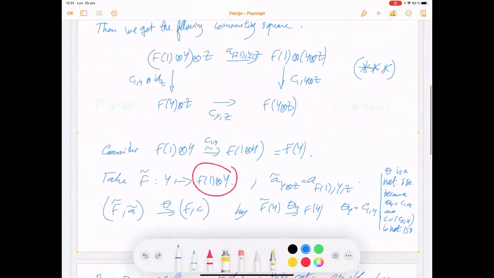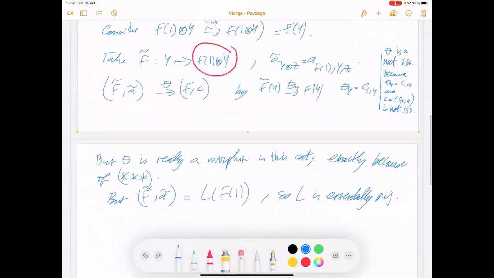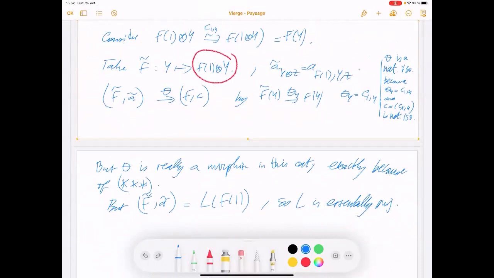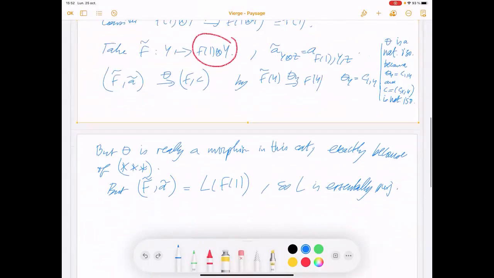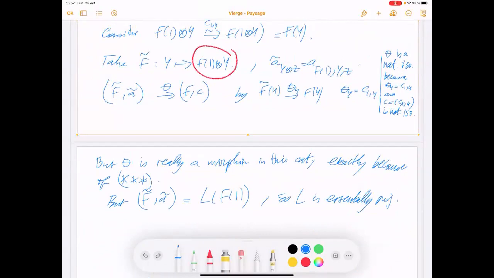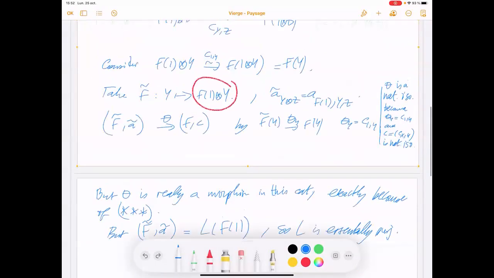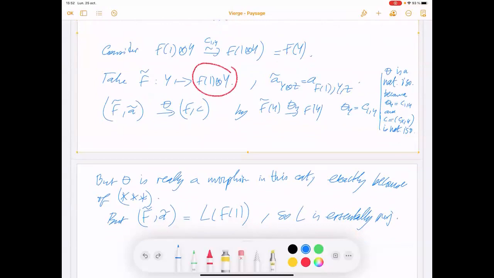I'm sorry, I was a bit confused here. So theta is an isomorphism, a natural isomorphism.